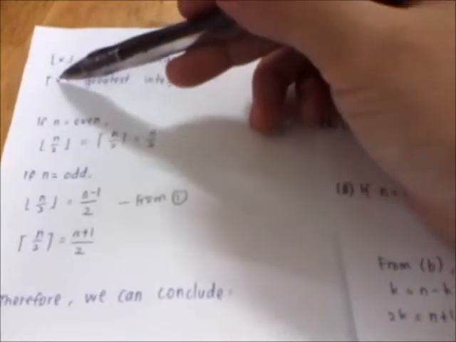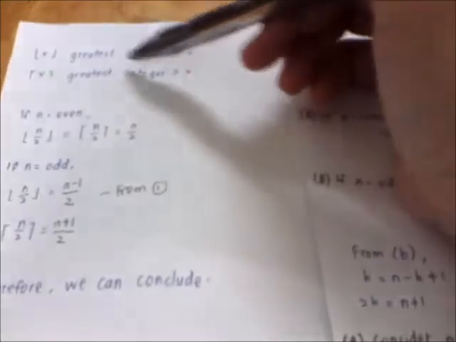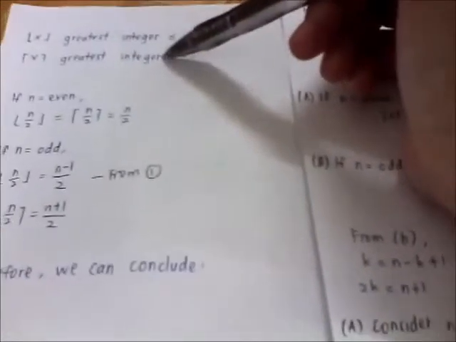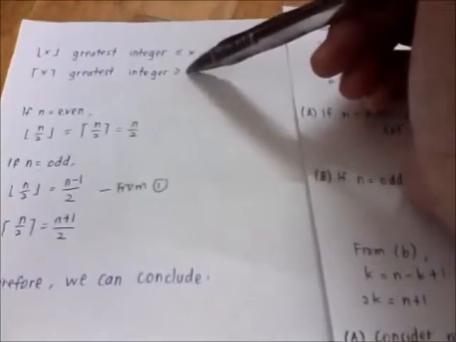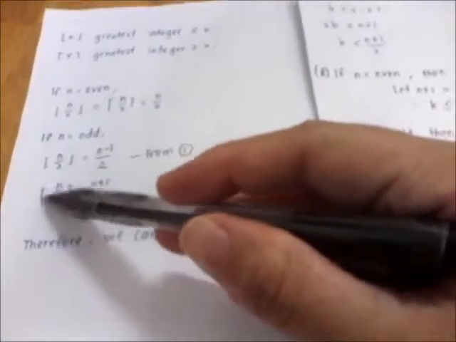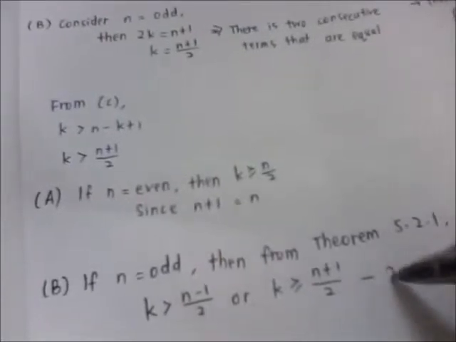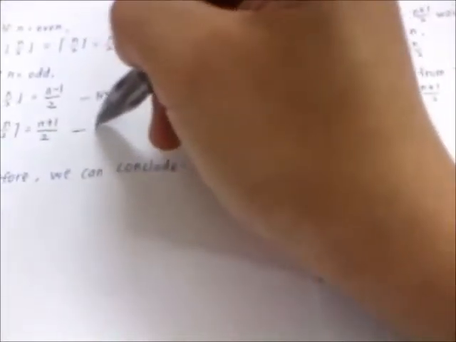The ceiling of n over 2 is the integer that is bigger than or equal to n plus 1 over 2, which is why I write the ceiling of n over 2 is equal to n plus 1 over 2. This is actually from number 2 here.